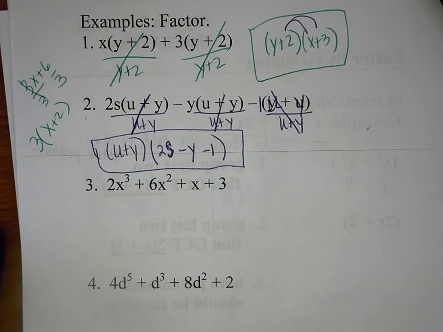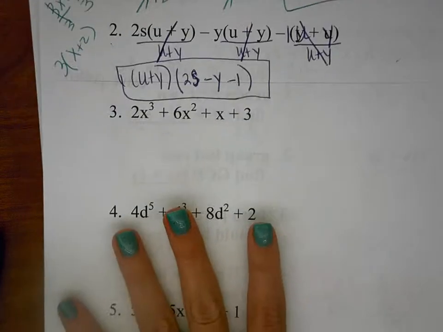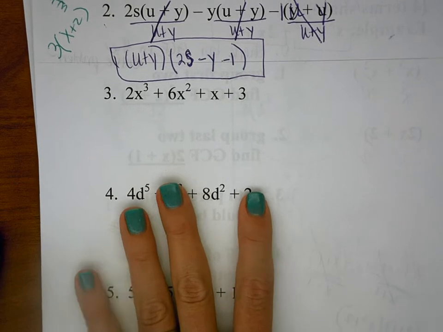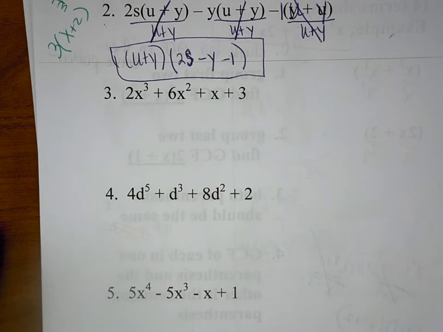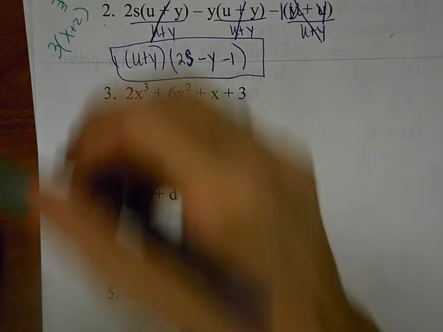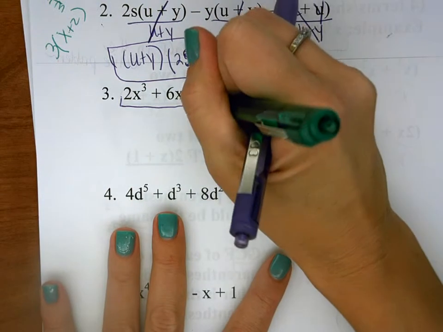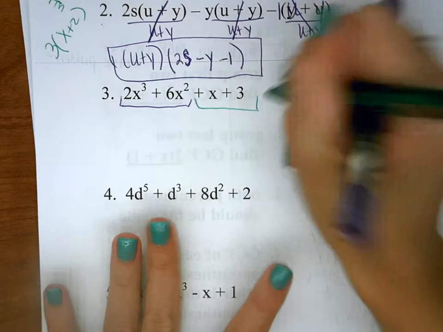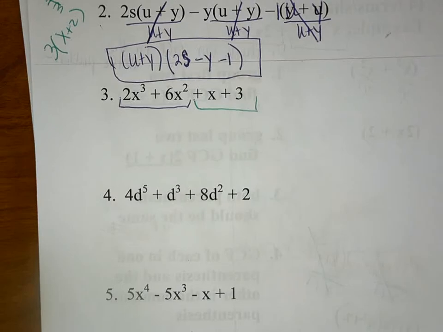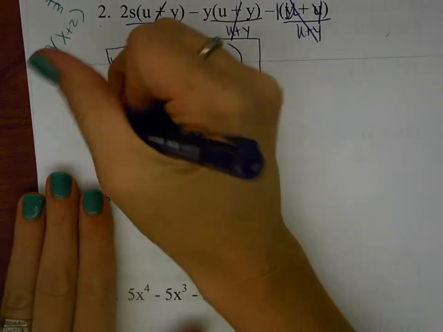Okay. Example 3. Is there a GCF for the entire problem? No. So, since that's not there, we split them up into the 2 groups. We have our first group here, and then you have your second group. Don't forget that the signs go with those numbers. In my first group, what is the GCF? 2x squared is correct.